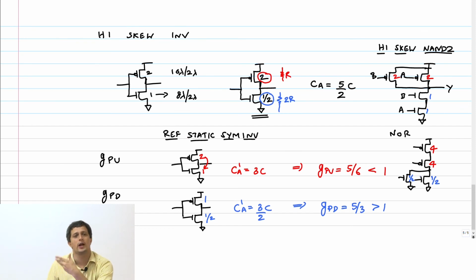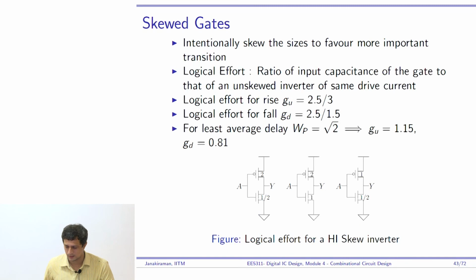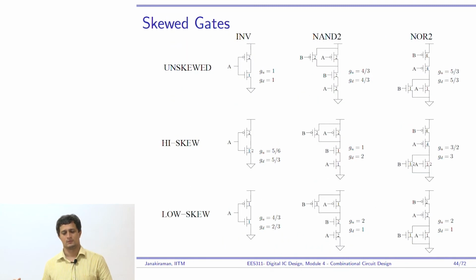Right? You can now go ahead and calculate logical effort for these gates also. The NORs and NANDs also you can calculate. I will leave this as an exercise for you. Please, you can refer to my slides here. So what is shown here is basically the unskewed gate.